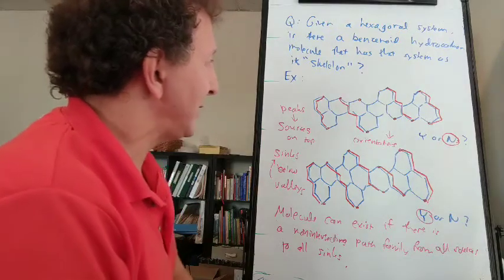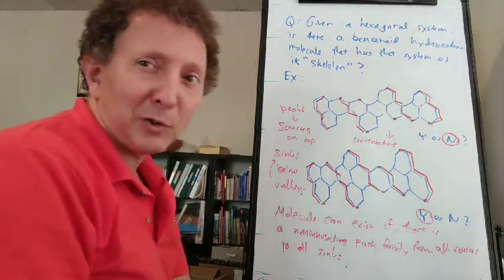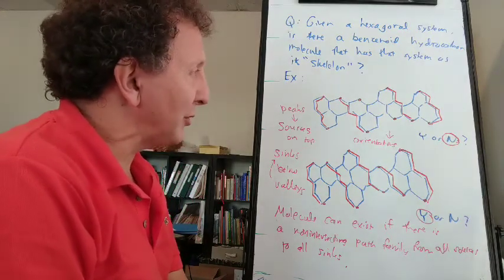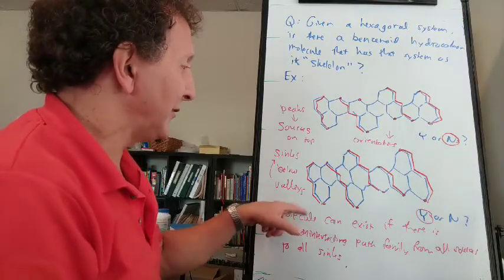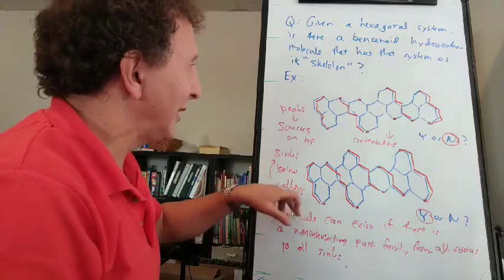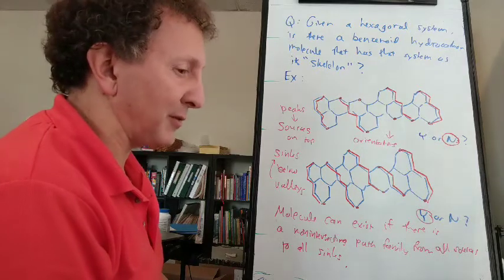But there's infinitely many molecules like that, and there's only finitely many molecules in the universe. So I guess not all of those exist. But the molecule can exist if there's a non-intersecting path family from peaks to valleys, and it cannot exist if there's no non-intersecting path family.